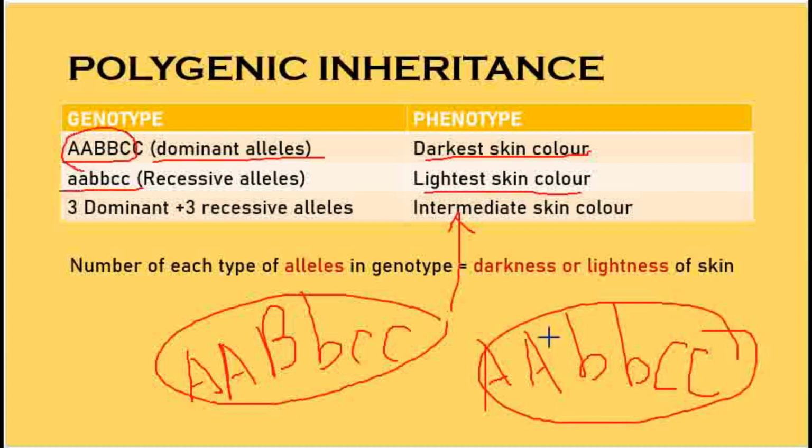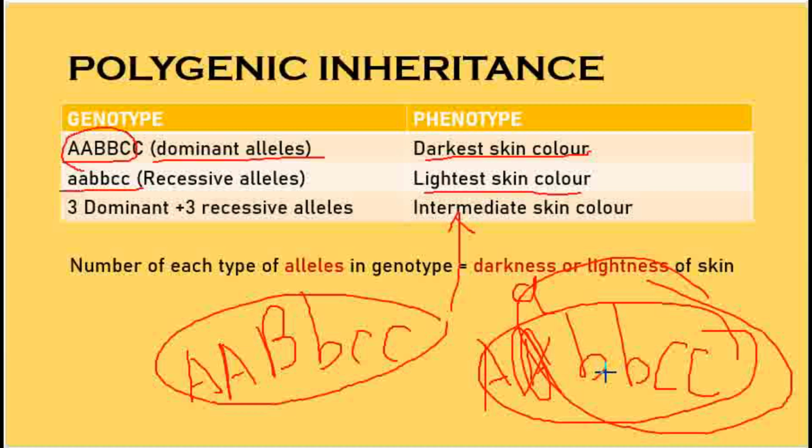When you replace this capital A with small a, the skin color will not be the darkest, but near to the light color, because the recessive genes are more in number. So depending on the number of genes contributing to the phenotype, you can see the result in the individual's skin color.